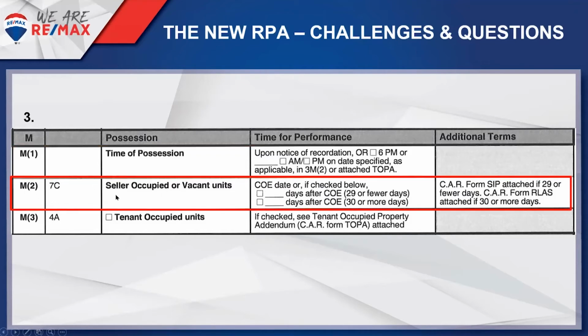And that is the second option. If you check one of these boxes, possession is not at the close of escrow. It's at whatever the SIP says, which is for 29 days or less, or the RLAS for 30 days or more.